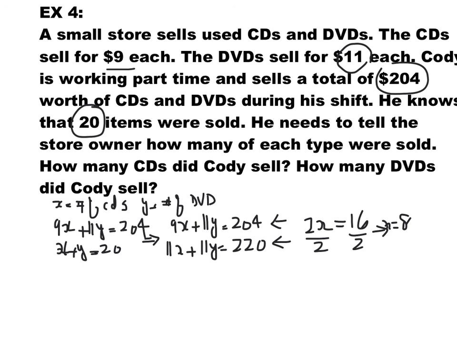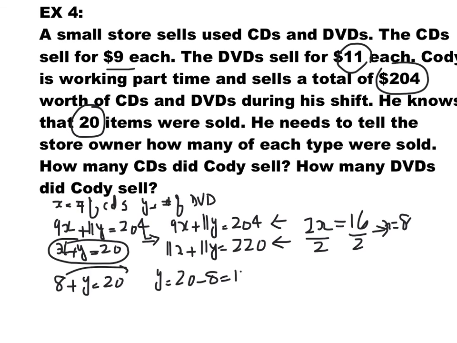The next one, I have to find Y. To find Y, I'm going to pick any one of these equations. As you can guess, I will pick the second equation because the coefficients are 1. So I'm going to say X is 8 plus Y is 20. Move this one to the right and change the sign. So Y is 20 minus 8, which is equal to 12.